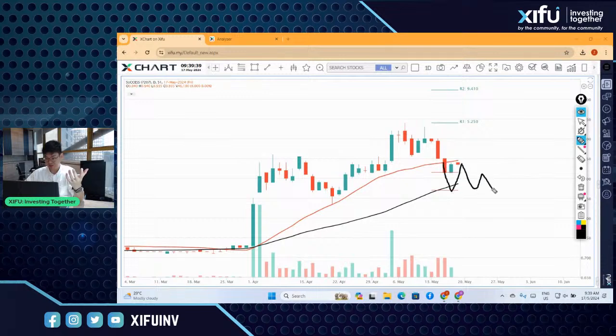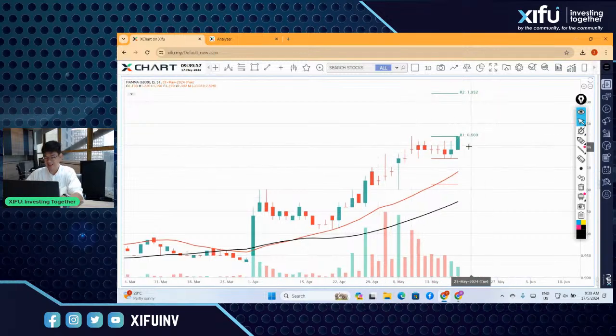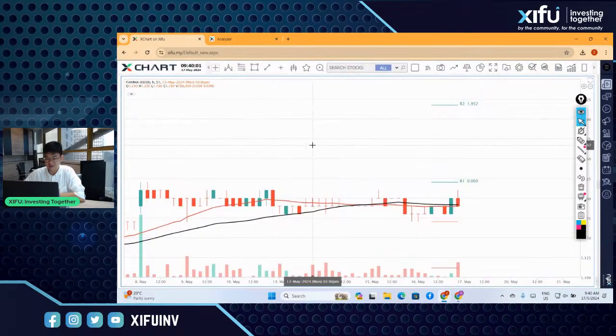Maybe it will go sideways somewhere around here. If here it does show a strength signal, what we call a sign of strength signal, probably I will relook into that again, right? For Success. Okay. So Fiamma, okay, Fiamma still holds well, but this one also I've exited already. Oh no, today it goes up.